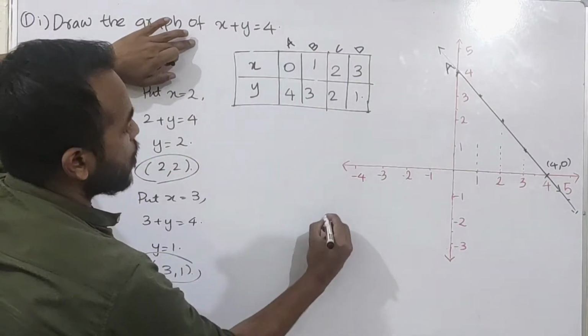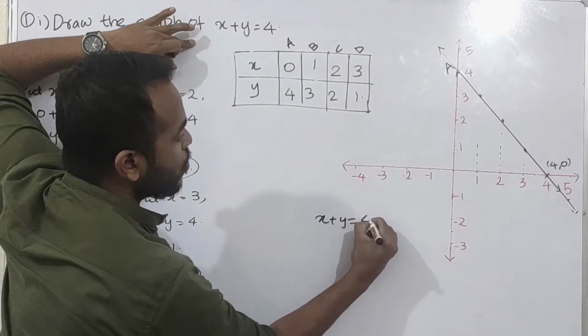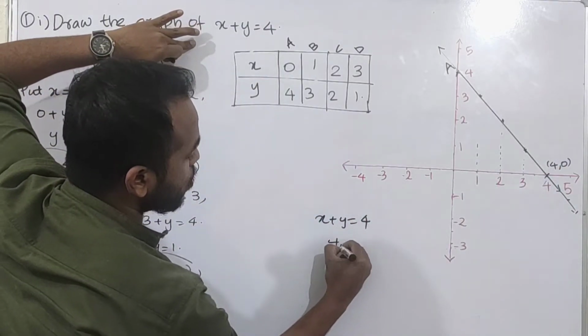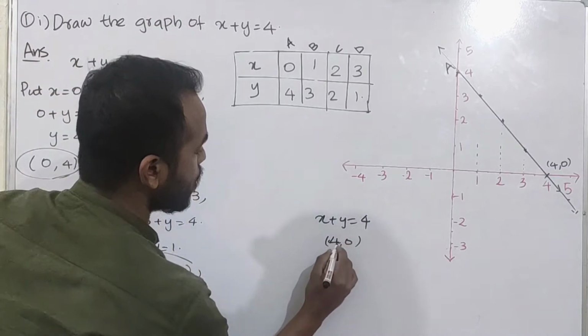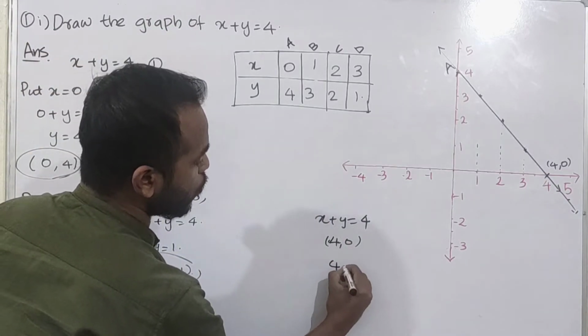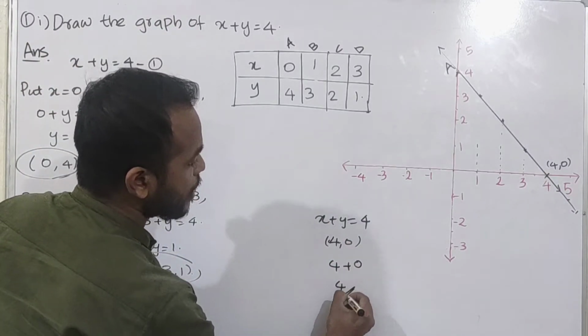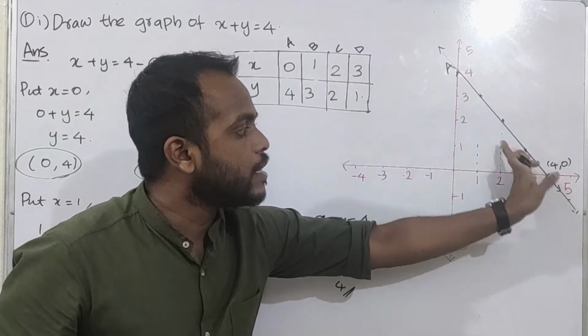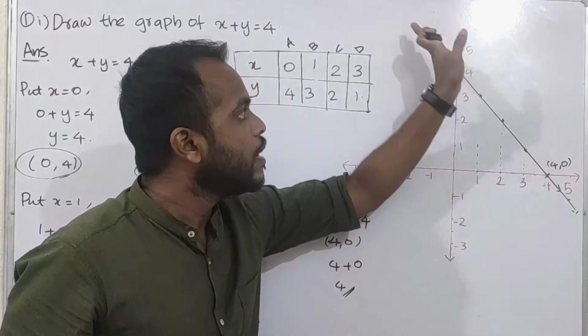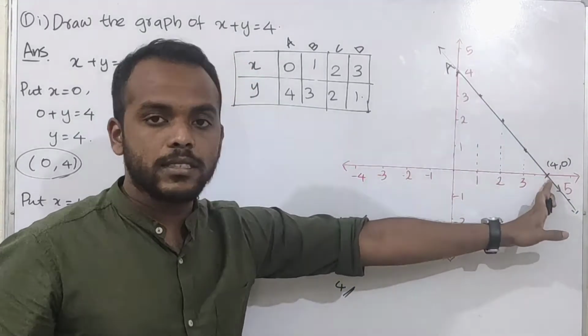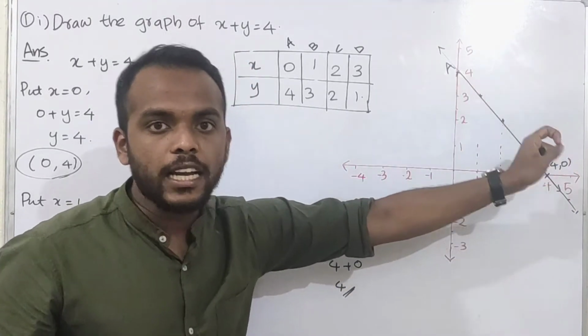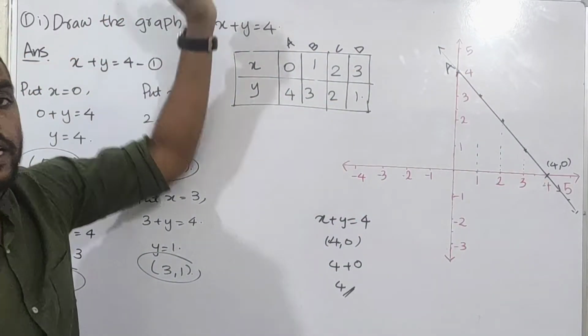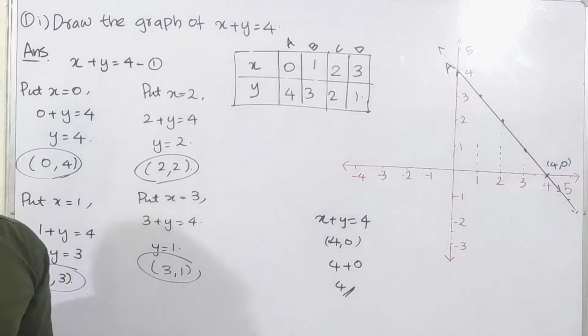The equation is x plus y is equal to 4. We will check whether (4, 0) is a solution of that equation. Put x is equal to 4: 4 plus 0 is 4. See? So any point on this straight line, if you pick it, will satisfy the equation x plus y is equal to 4. That is the beauty of this equation.